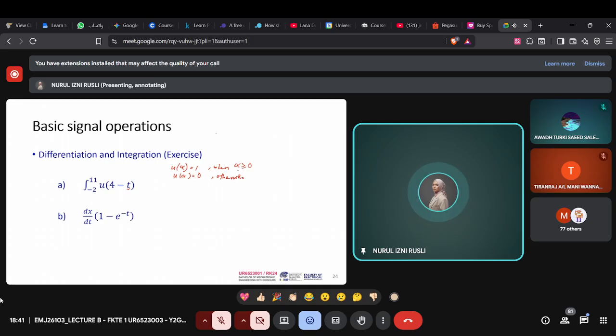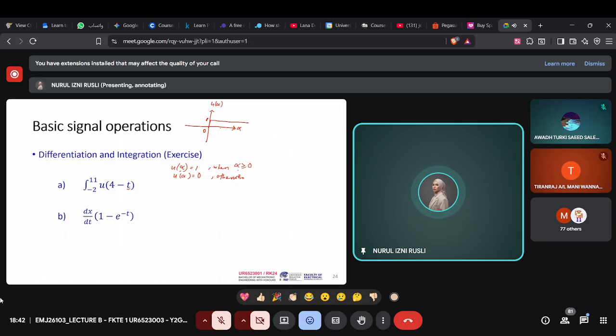So recall that for the unit step function, you have this, right? You have a function with amplitude of 1 starting at 0. So now because I replace t with alpha, this is alpha. So this is u of alpha.